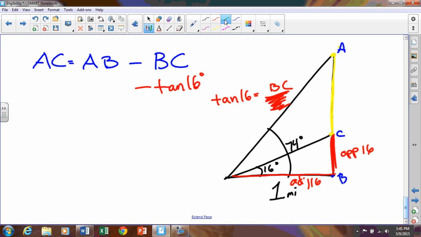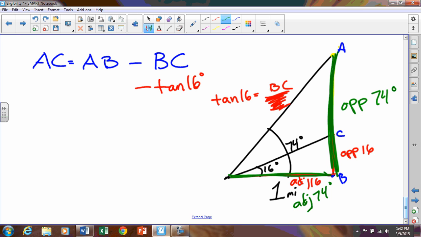When we're looking at AB, AB is opposite the 74-degree angle. This bottom piece of 1 mile is also adjacent to the 74-degree angle.